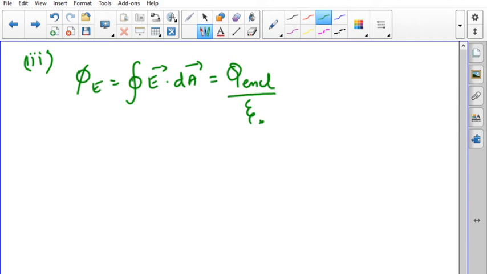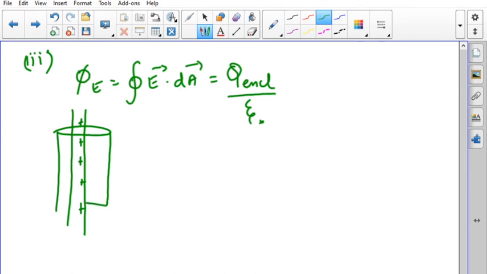So the shape of the Gaussian surface depends on the charge configuration. For example, if the charges are distributed in a wire, the Gaussian surface may be a cylindrical one. So depending upon the charge configuration, the shape of the Gaussian surface will be chosen. That you will study under the applications of Gauss law.